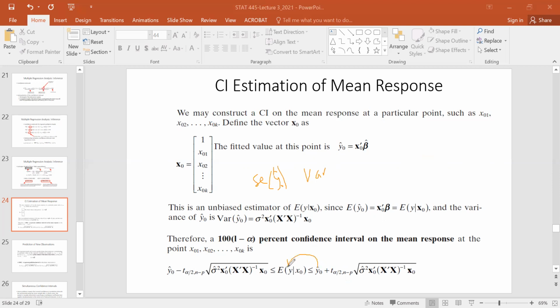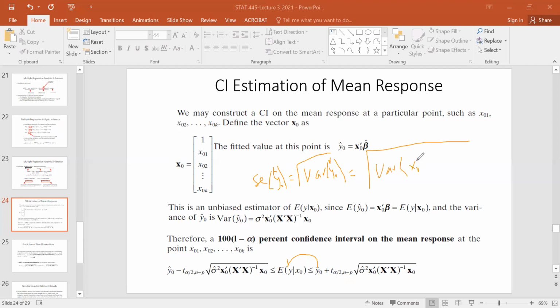So we are using its variance, similar to what we did earlier. So the standard error will be what? The square root of the variance of y0 hat. So what is its variance?